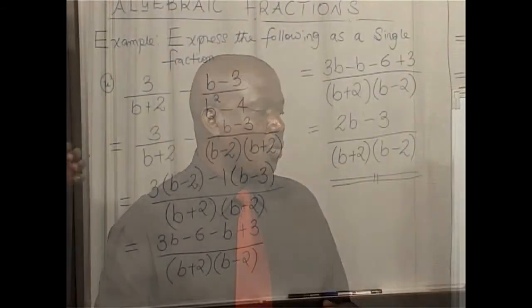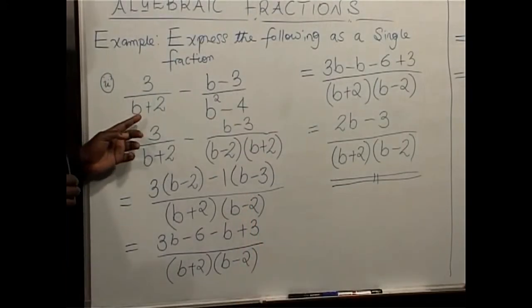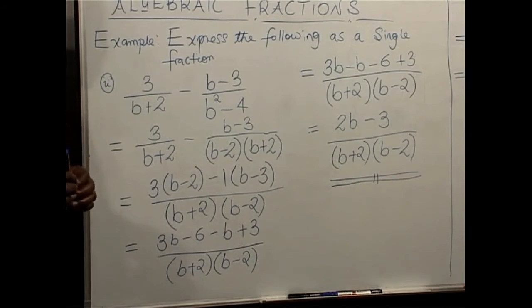If the denominators, like was the case in the first example, are not factorizable, then the lowest common denominator is simply the product of the two denominators. But if you have a situation like the one we have in the second example, where either both or one of the two denominators is factorizable, you must start by factorizing the factorizable denominators.